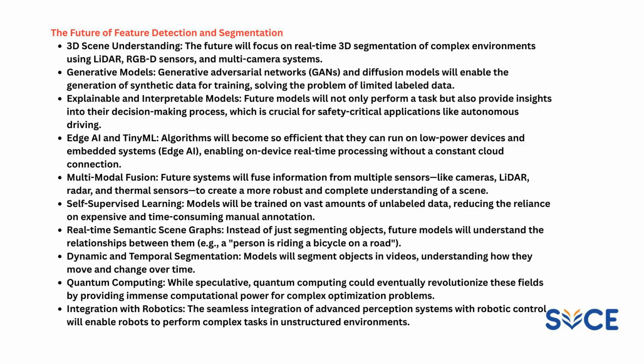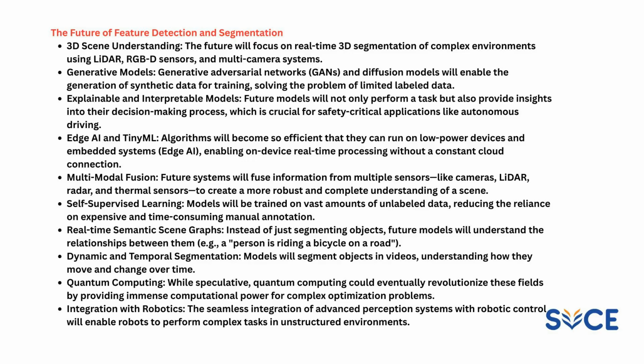A self-driving car of the future will fuse data from cameras for color and texture, LiDAR for precise distance, and radar for motion and bad weather detection, to create a single, unified and more reliable picture of the environment.